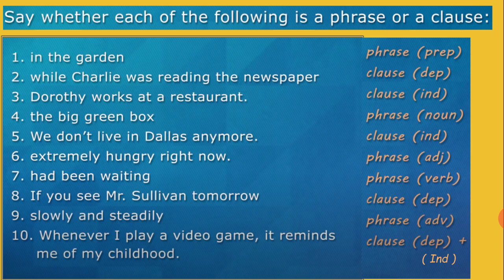The next one, if you see Mr. Sullivan tomorrow, is a clause, but it does not give a complete meaning, so it is a dependent clause. Slowly and steadily is a phrase. And the last one, whenever I play a video game, the first part is a dependent clause. It reminds me of my childhood gives complete meaning and is an independent clause. Hope you understand this very well.